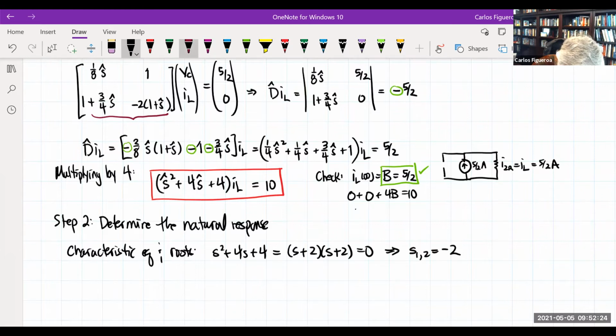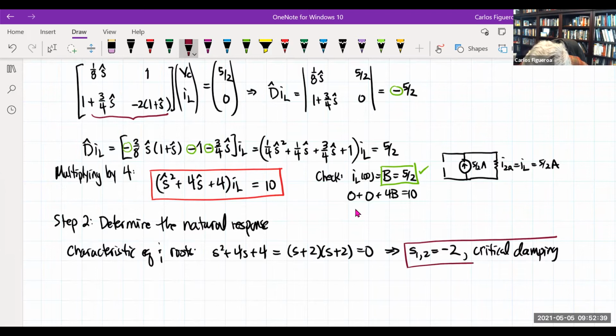The only way this could be true here is if I have what? Critical damping. Right? It's critical damping. So here I go. I now know I have critical damping. That means I don't have a choice with the solution. I have my natural response and I have my forced response.